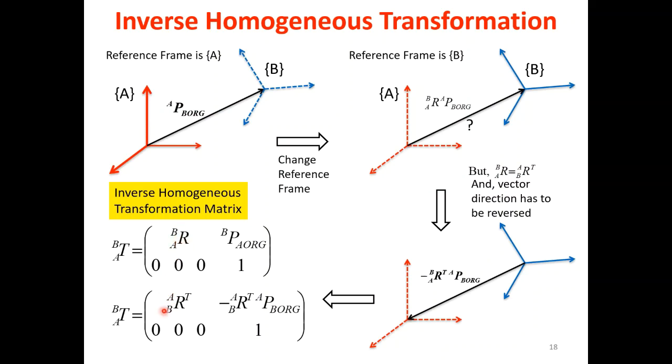BAR changes to ABR transpose. BPAORG changes to minus ABR transpose APBORG. So this is the inverse homogeneous transformation using the forward homogeneous transformation matrix and its components, right?